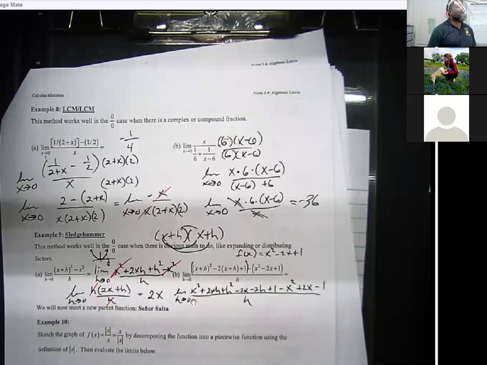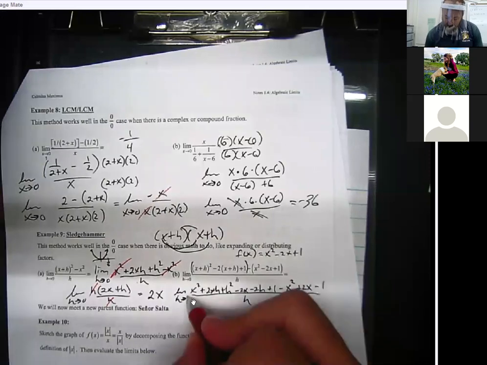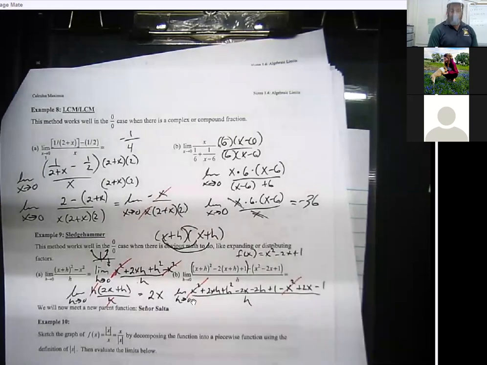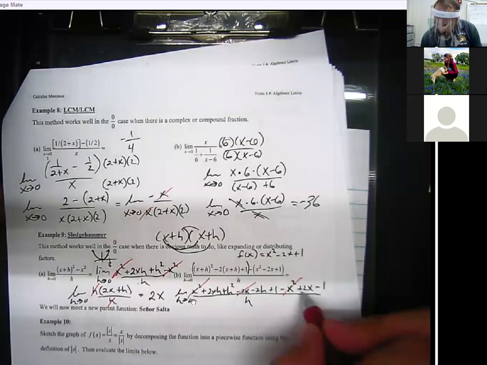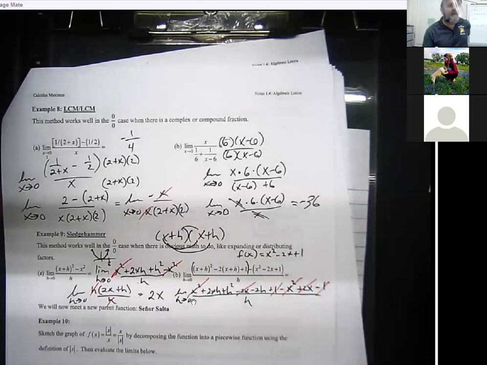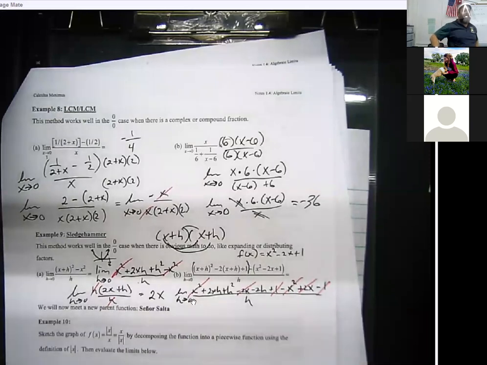Does anything cancel everybody? All of the independent x's cancel. X squared's dead. What else goes away? The 2 x's and the 1s. The 2 x's go away. The 1s go away. Now, by the way, that's confirmation. What does everything left on top have in it? H. That is fantastic.